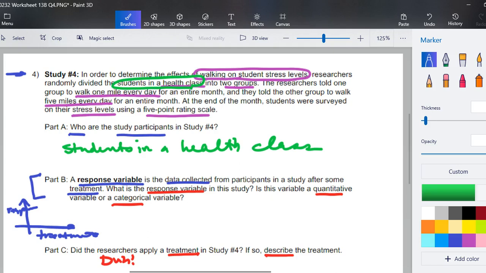So part B, a response variable. What is the response variable? And is this a quantitative or a qualitative variable? And so the response at the end of this month, the students are going to complete a 5-point rating scale. I don't know a short way to say that.